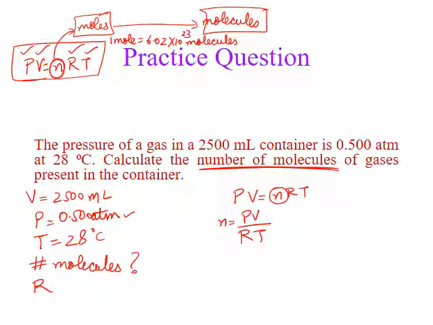Missing information here is R. R has different units, where pressure is in atm or kilopascal. I have a value of R in atm, so I can write that value right here, 0.08206 liter atm Kelvin inverse mole inverse.